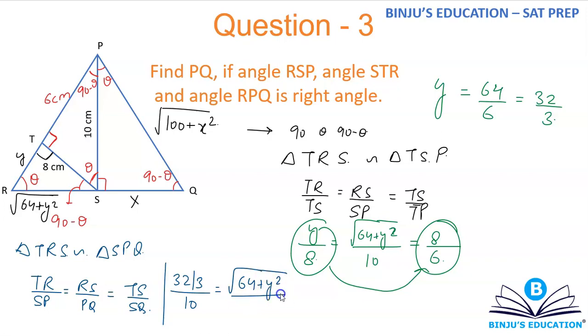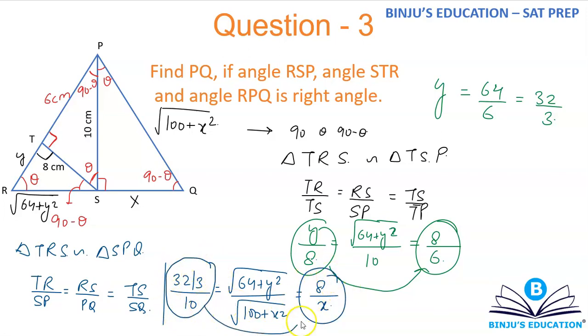Divided by PQ, that is root of 100 plus x square, which is equal to TS divided by SQ, which is 8 divided by x. So I'm going to equate the first with the third.